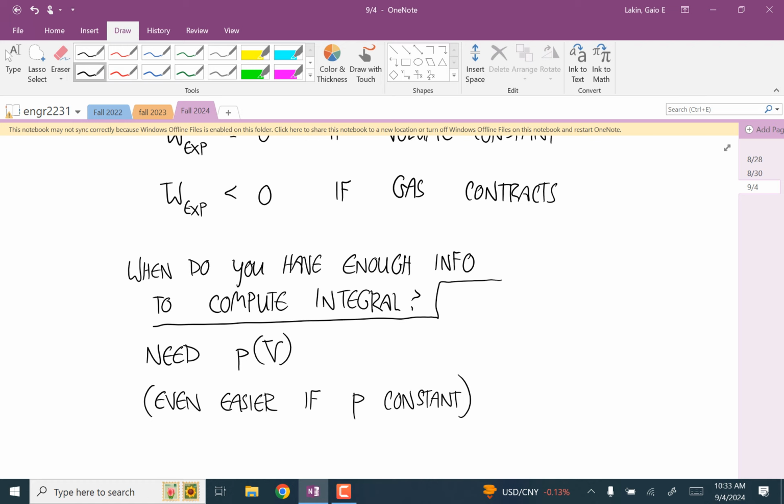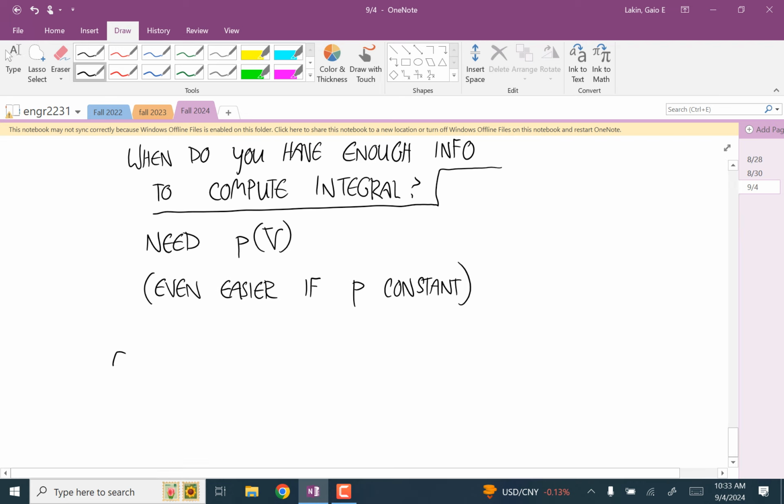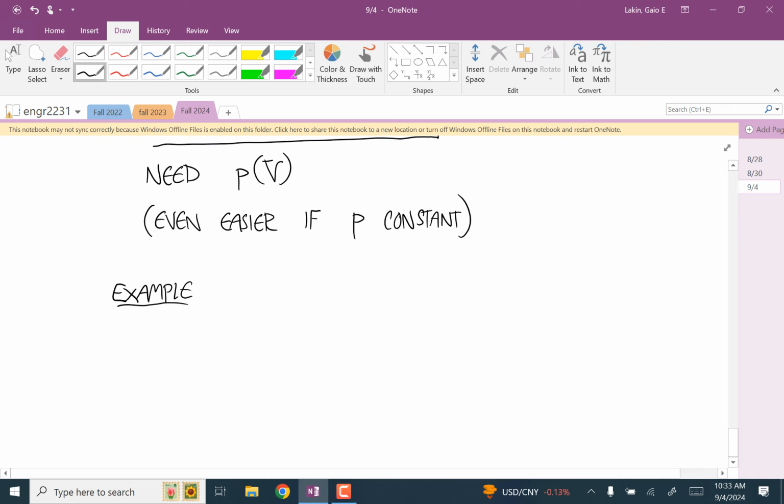Okay, so let's do a couple of examples. First, let's say that we have a constant pressure of 1.3 times 10 to the 5th pascals. And the gas starts at a volume of 0.35 cubic meters.